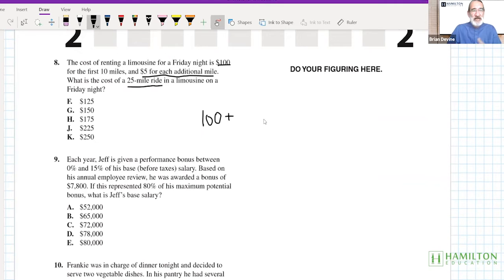And then I take 10 away from 25. I've got 15 miles left that I have to pay $5 per mile. So $175, and I'll be riding in style for 25 miles.